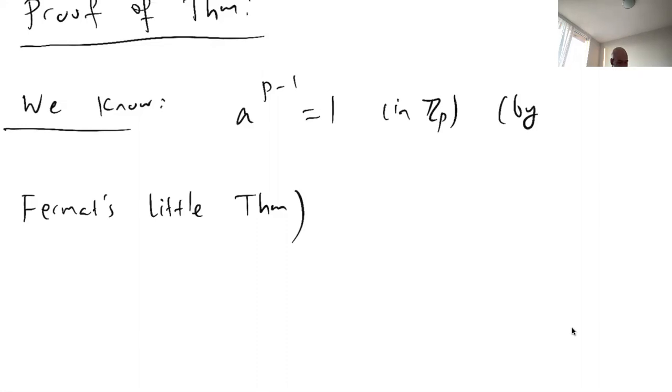Now, what does that mean? That means p divides a to the power p minus 1 minus 1, right? If a to the power p minus 1 equals 1, that means a to the power p minus 1 minus 1 equals 0 in Z_p. And if a number equals 0 in Z_p, that number is divisible by p.